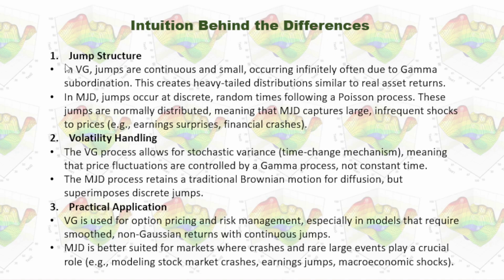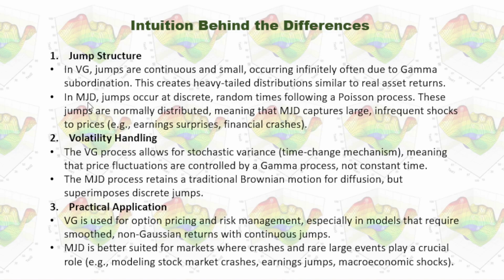First, let's take a look at the jump structure. In Variance Gamma process, jumps are continuous and small, occurring infinitely often, due to gamma subordination. This creates heavy tail distributions similar to real asset returns. When we check out our model, you can see this heavy tail clearly.